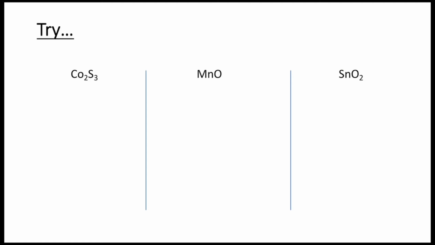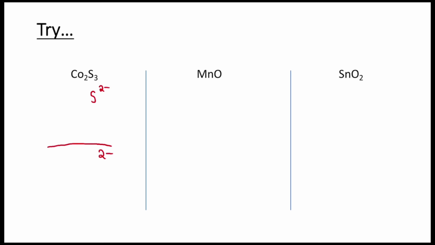Okay, so starting off here, we have a compound with cobalt and sulfur in it. So we're going to start by writing out the anion, which is sulfur, and checking our periodic table, this has a 2- charge. So the overall negative charge is 2-.